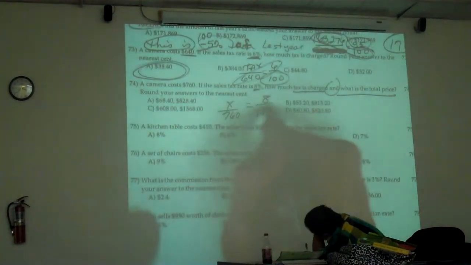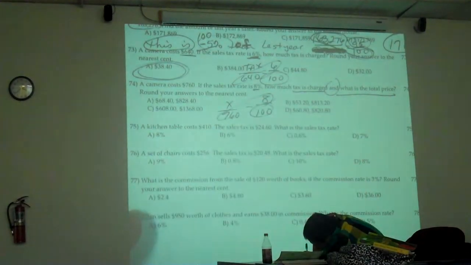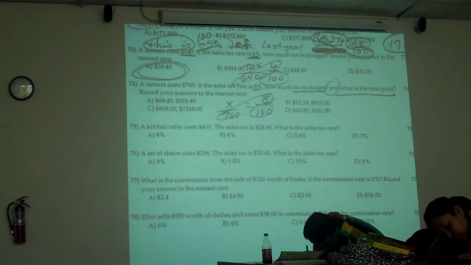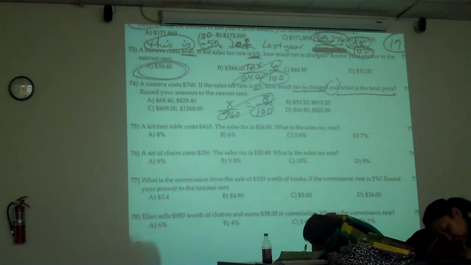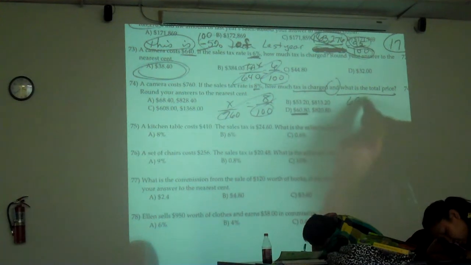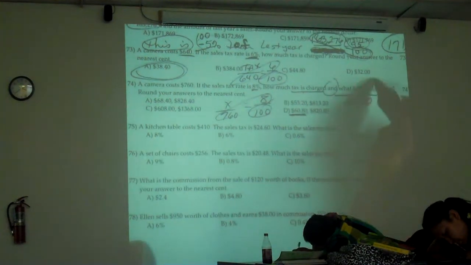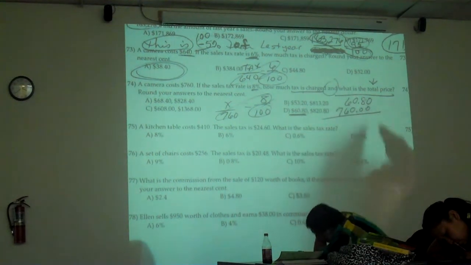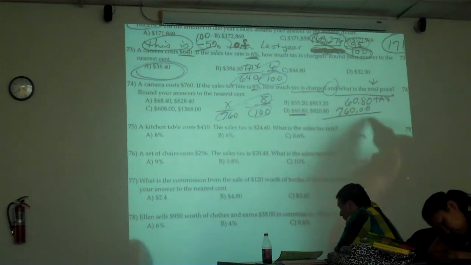So what's the tax? $60.80? Yes. Okay, so you have 60.80, and it wants the total price, so you have to add the price back on, $760. So this is your tax.